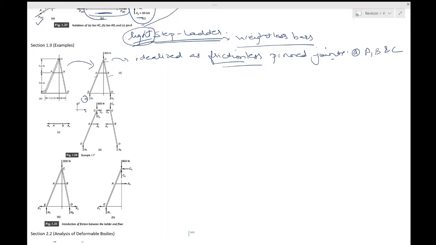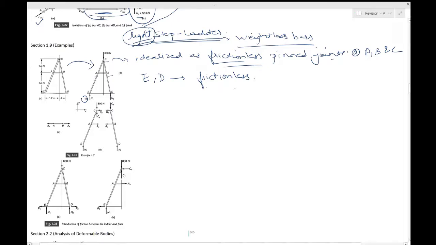So E and D are taken as frictionless, and that is why you have only reactions N1 and N2 on this.